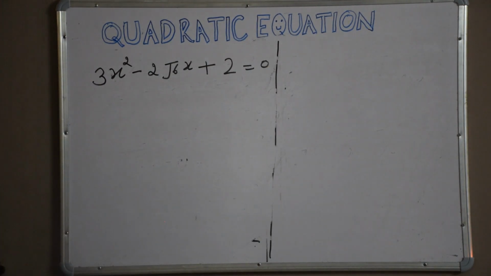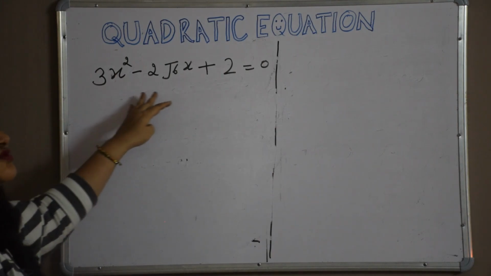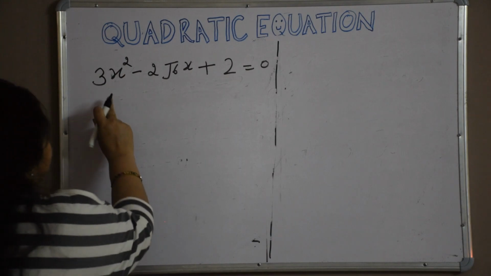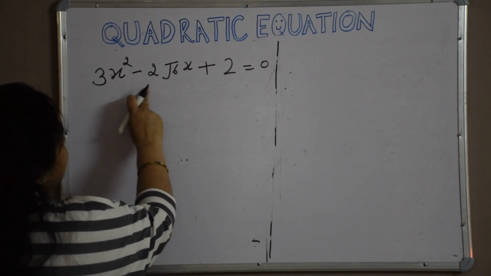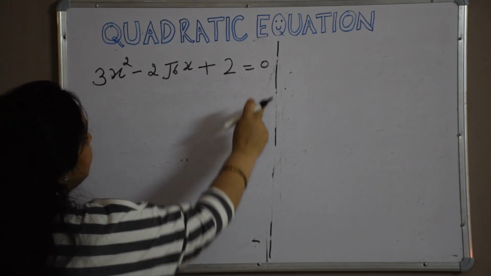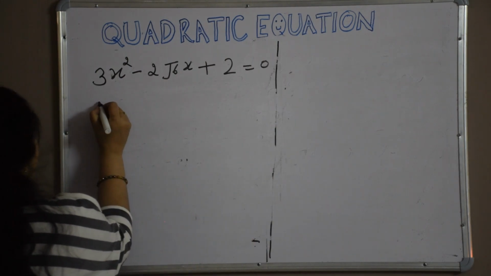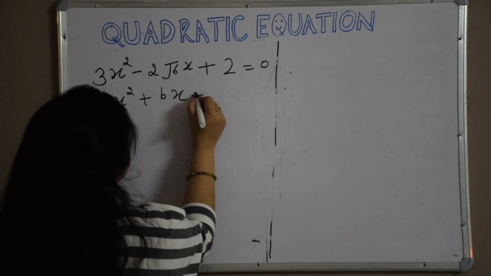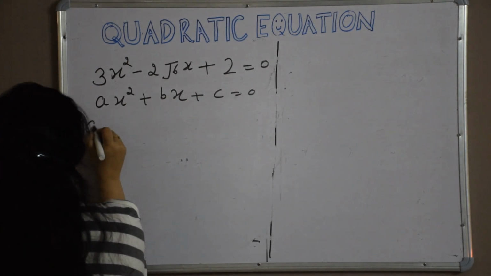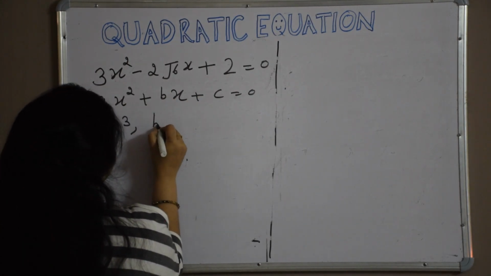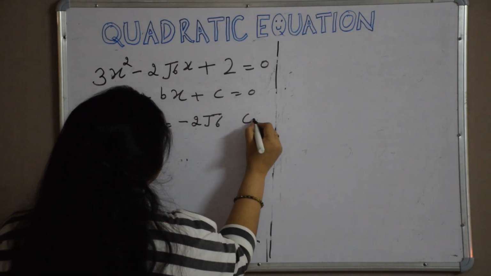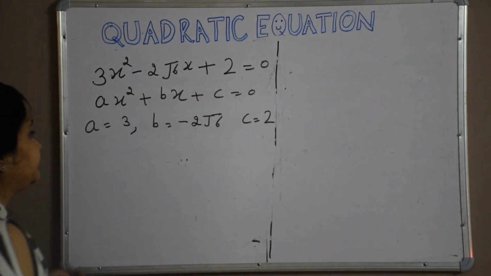See, it is the next example, and we have to solve this quadratic equation by the factorization method. The given quadratic equation is 3x square minus 2 root 6x plus 2 equals 0. Compare the given equation with ax square plus bx plus c equals 0. Here a is equal to 3, b is equal to minus 2 root 6 and c equals 2.